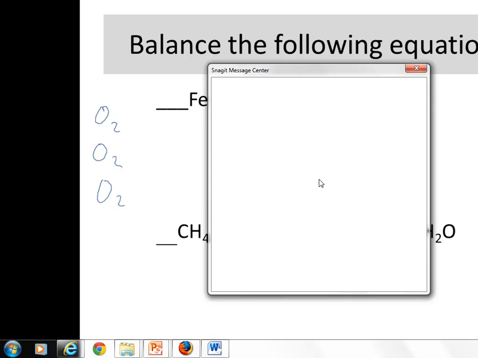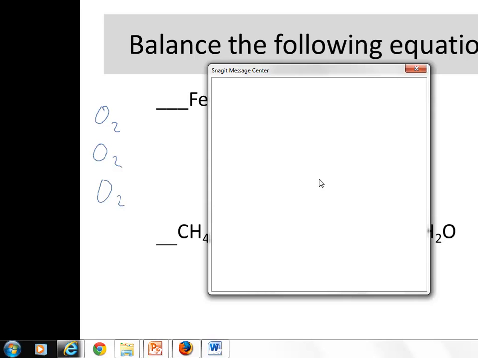Okay. So now I have 4 O's on this side, because I have 2 O2s. But now I don't have enough O's on this side, do I? So I need more of this group, Fe2O3. So now I have 6 O's. I also have 4 Fe's.